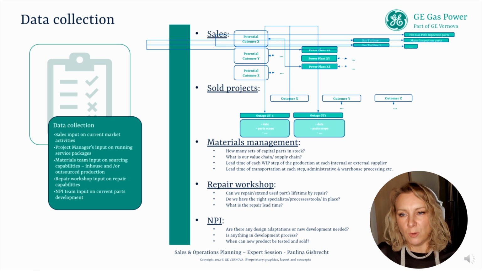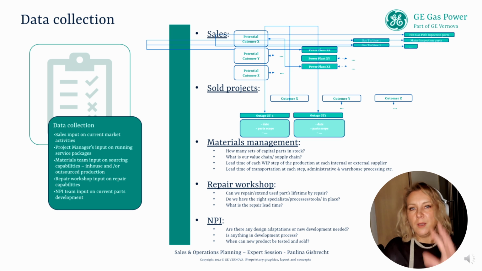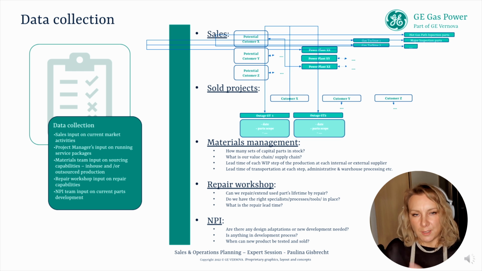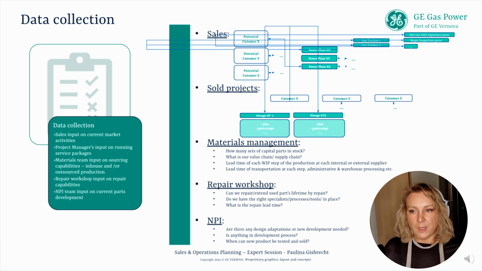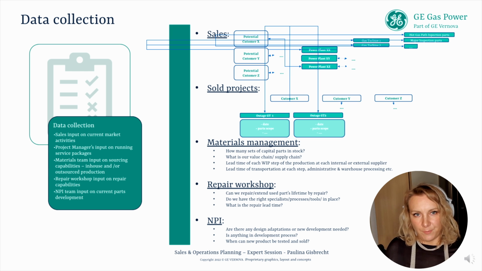Which data did I collect? First of all, of course, what are the potential and existing customers? Usually these are huge power generation companies which have more than one plant. So which plants does each of the customers have?